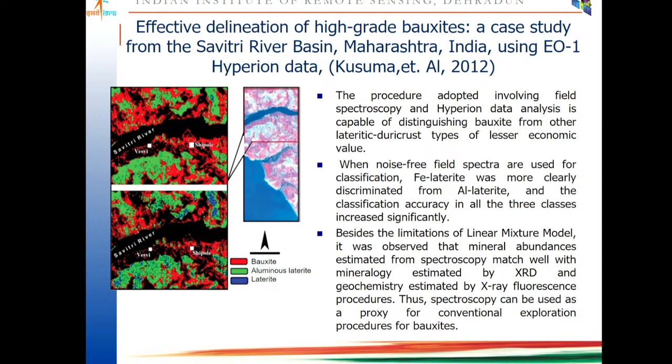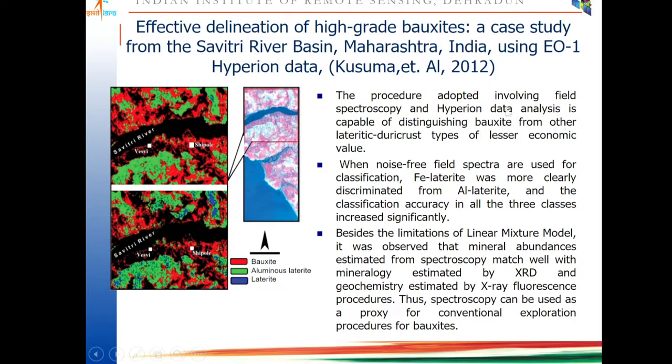Now another study was done by Kusuma et al. in 2012. It is just an example of the use of hyperspectral data in the Savitri River basin, Maharashtra, using EO-1 Hyperion. What have they done? They tried to separate the aluminous laterite and the laterite from the bauxite, how these three classes can be easily classified using the hyperspectral data.